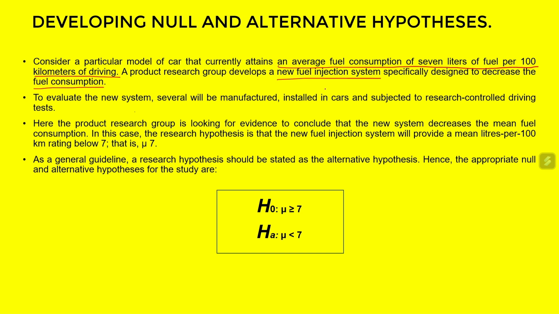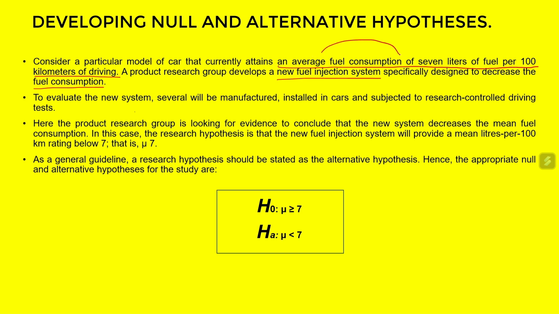So in this particular scenario, we have a particular model of car that gives an average of 100 kilometers per 7 liters. So average fuel consumption is 7 liters.